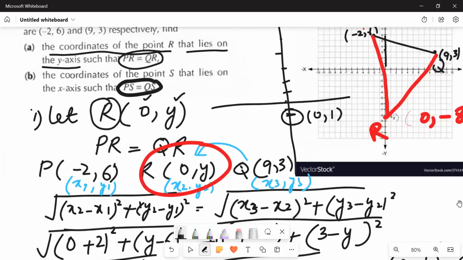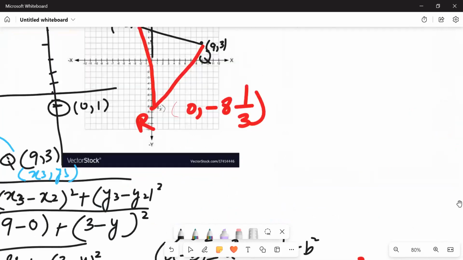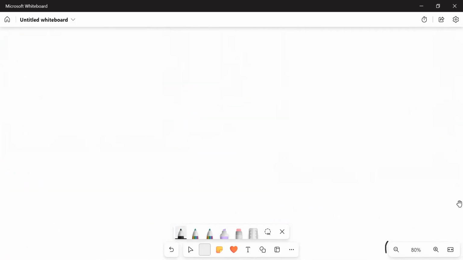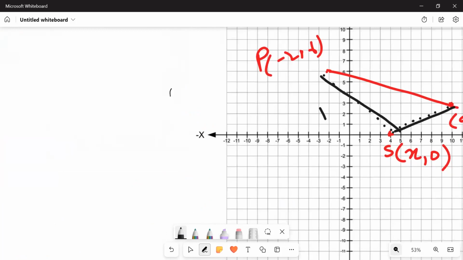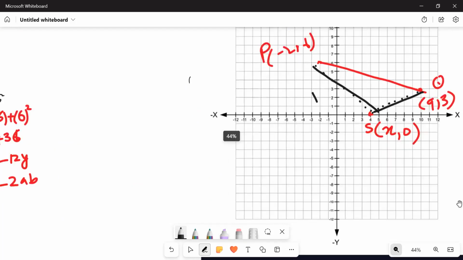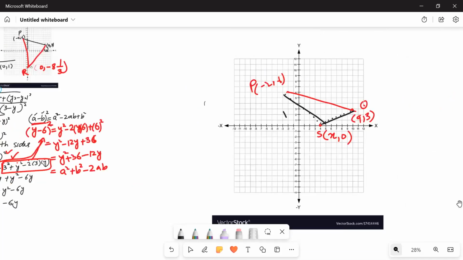They mention that both PS and QS are at the same distance. If they are at the same distance, then we will apply the same formula.